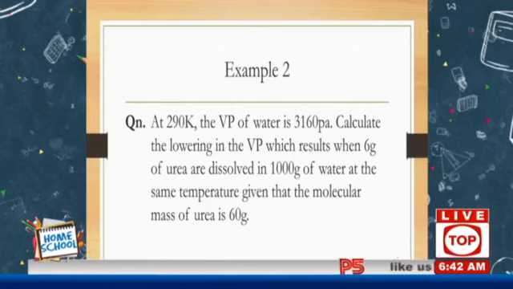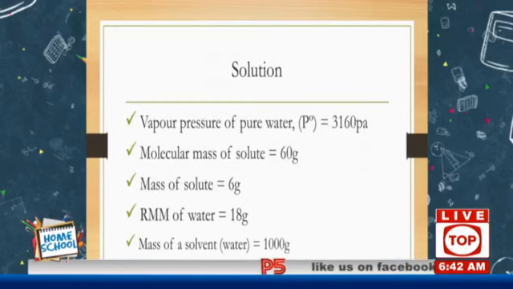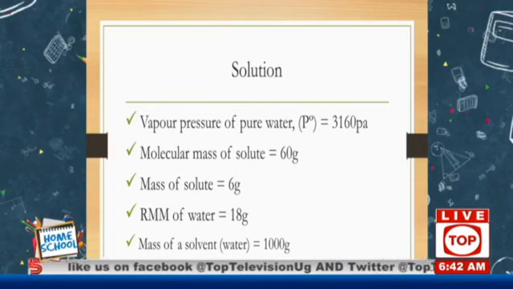What you do in the paper, after reading the question, is first highlight all the values which have been given. We see that the vapor pressure of pure water has been given as 3,160 pascal. Molecular mass of the solute has been given as 60 grams.